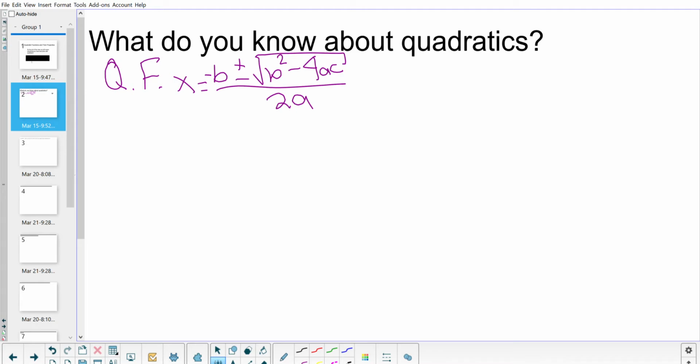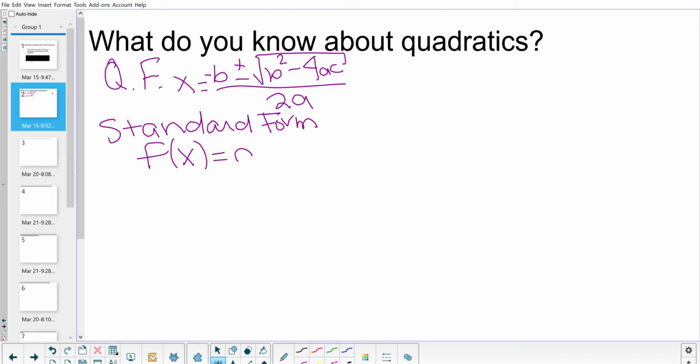If you could raise your hand right now, what would you say? You might say, oh, Mrs. Seek, I remember the standard form of a quadratic. Standard form. That is f of x equals ax squared, in descending order, plus bx plus c, versus vertex form. Vertex form kind of has two names.